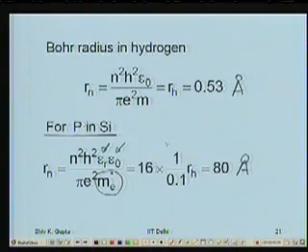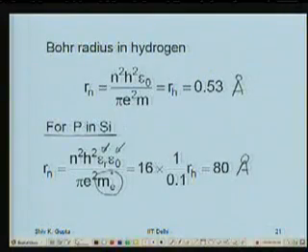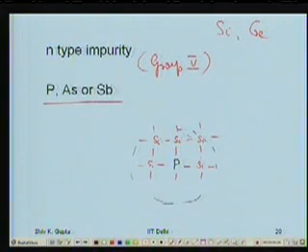Angstrom is the radius of the orbit for this fifth electron around the phosphorus. From the phosphorus atom to the electron, how many silicon atoms might be there in between? Divided by the diameter of silicon.